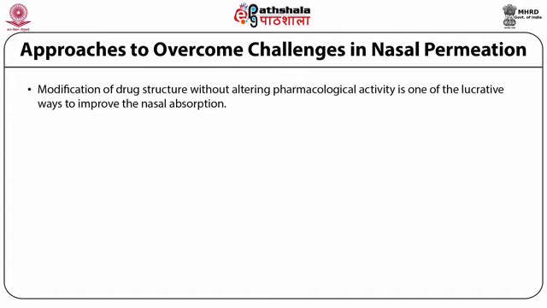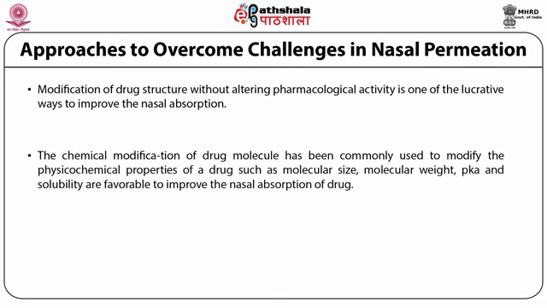Modification of drug structure without altering pharmacological activity is one of the lucrative ways to improve nasal absorption. Chemical modification of a drug molecule has been commonly used to modify the physicochemical properties of a drug such as molecular size, molecular weight, pKa, and solubility.